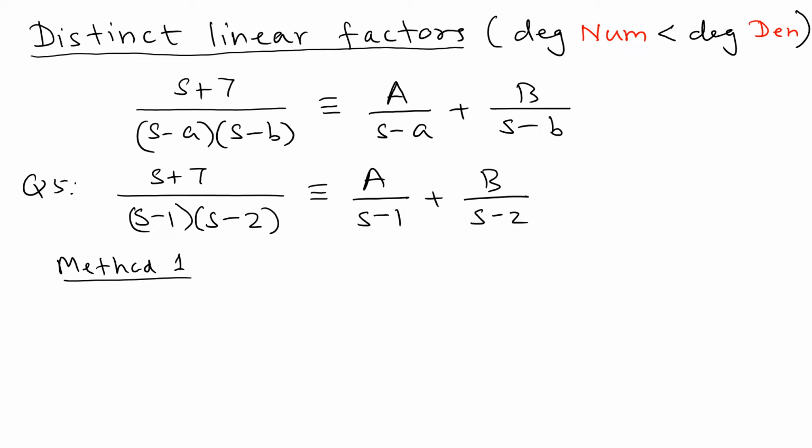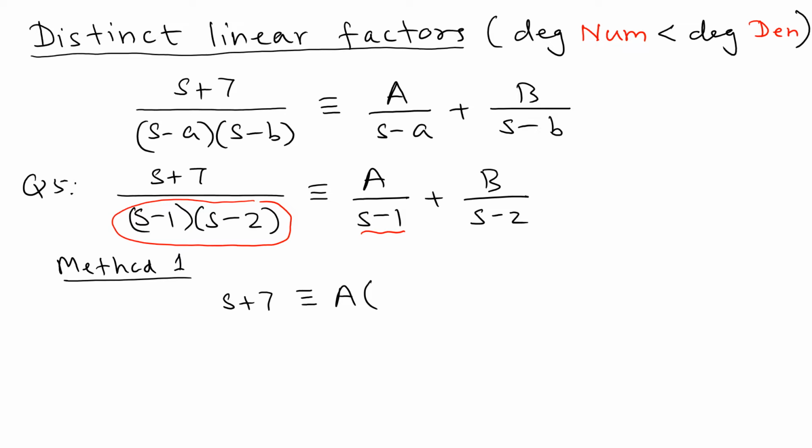What we normally do is multiply the whole equation by this factor, on both sides. Once you do that, on the left side you only get S plus 7 identical to, on the other side, you cancel the one in the bottom and you get the other one.